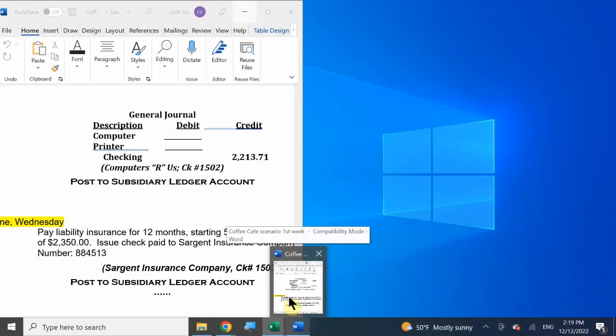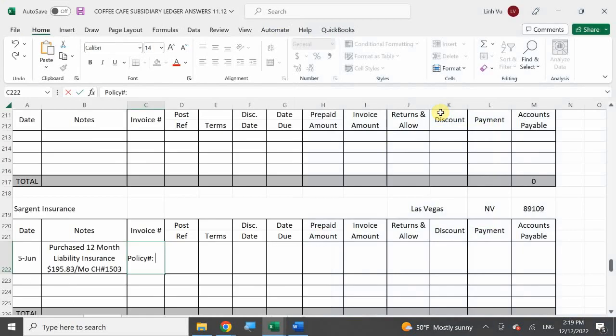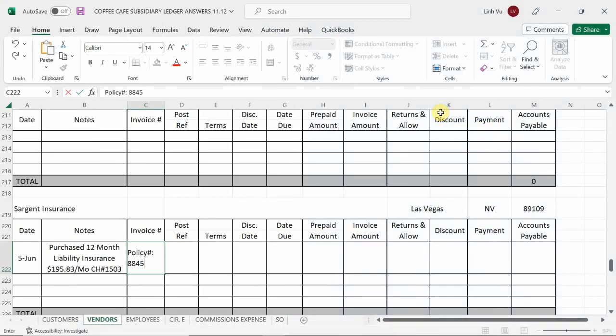Policy number 884513. Okay. My post reference is that I have it on my general journal page 1.